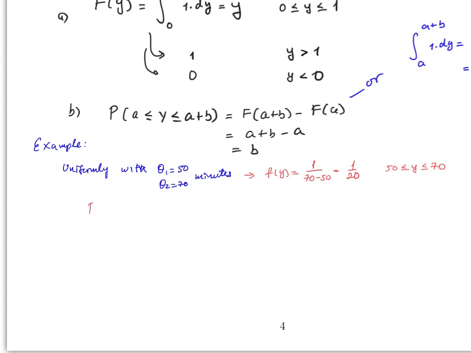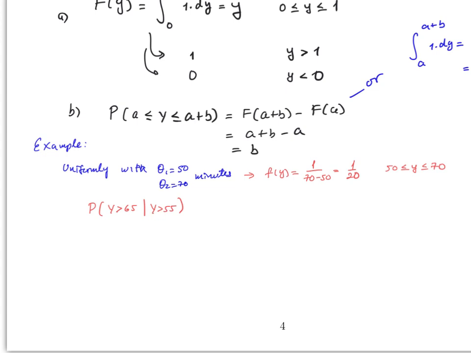So the question is, what's the probability that the cycle time will exceed 65 minutes, given that you know that the cycle time exceeds 55 minutes? Or in other words, what's the probability that it will take more than 65 minutes to put the concrete, given that you already know it took more than 55?